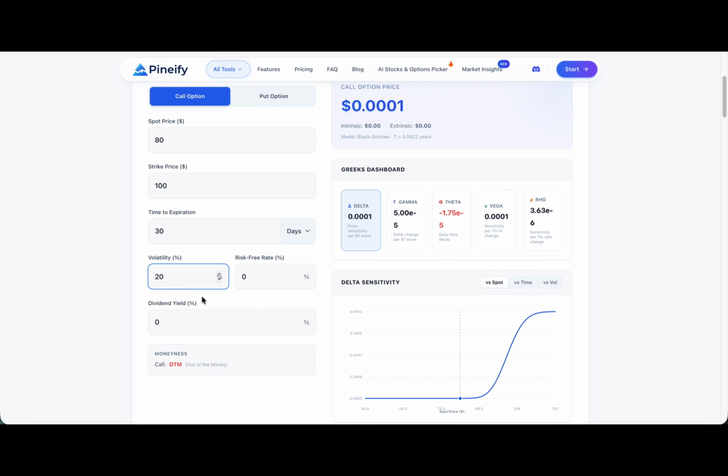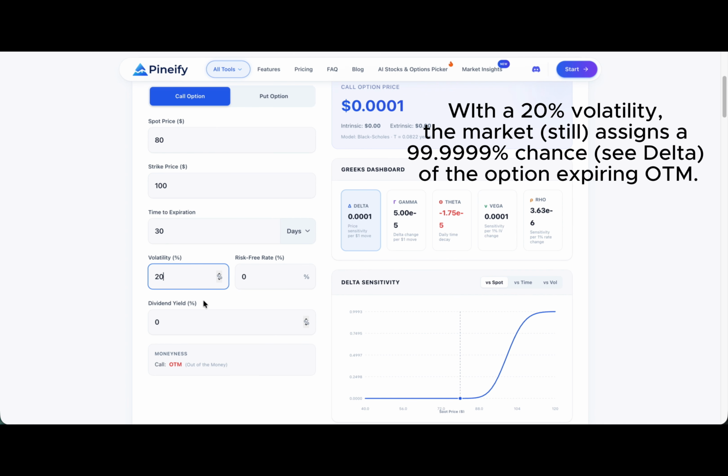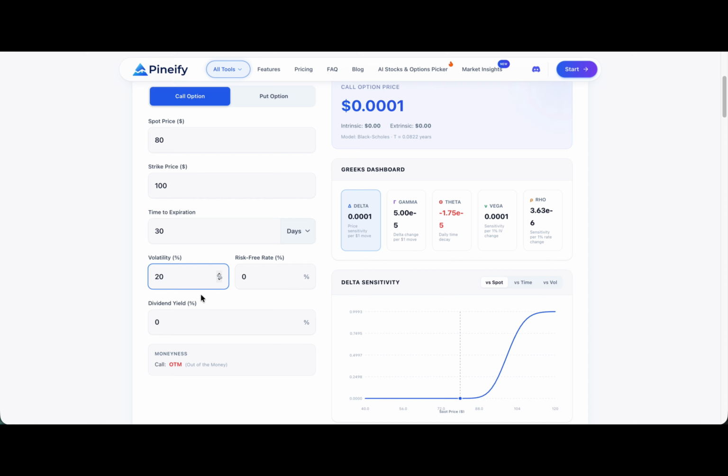Because now, even though we are 20% out of the money, the higher volatility means that the option is not as dead, and so there is an increased chance that the option will transition from being out of the money to potentially being in the money. And so the option reflects this increased probability by increasing the delta a little bit more and also increasing the Vega.